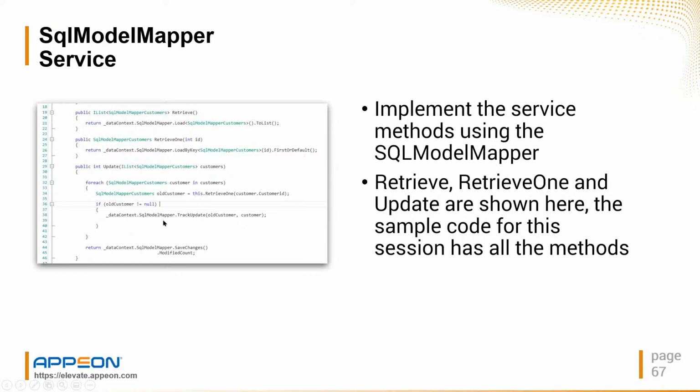For the update, what we're going to do is actually retrieve the current customer, the current value in the database, and then do a TrackUpdate, and after that save the changes. Okay, hopefully that makes sense to you.